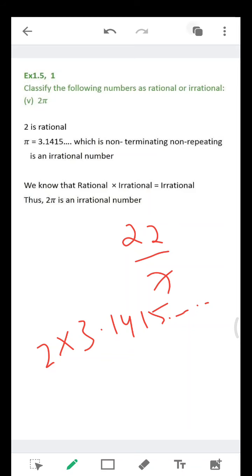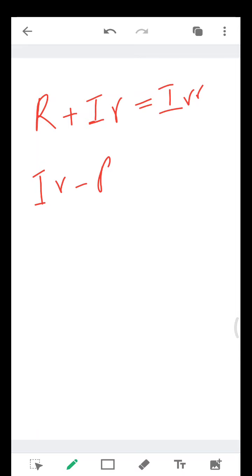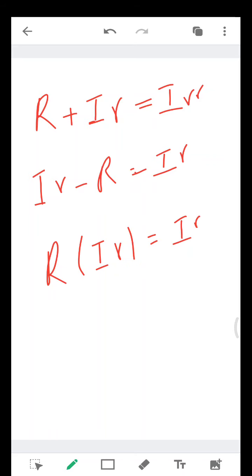So finally the conclusion is: rational plus irrational, remember this, is irrational, or irrational minus rational will also give you an irrational number, or rational into irrational is also irrational.